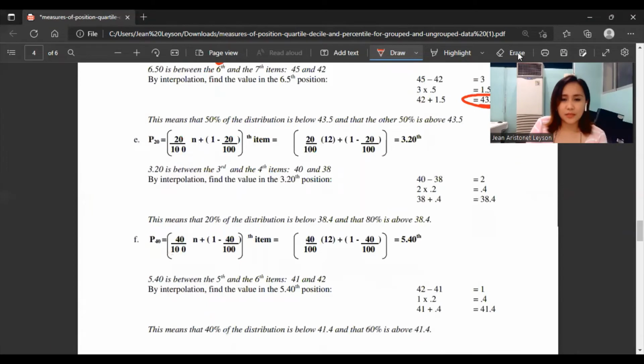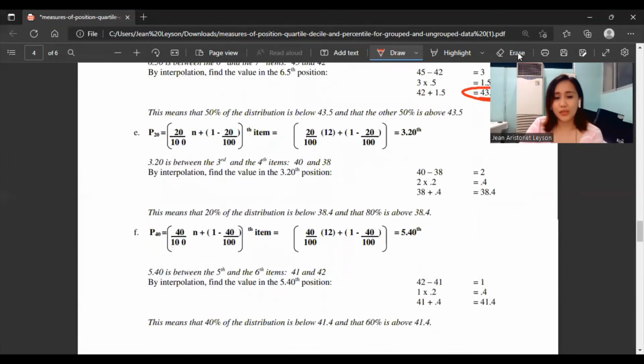Next, we have percentile, solving for the 20th percentile. So simply substitute i with 20 and the denominator by 100 because this time you're solving for the percentile. Still the same process. It's 3.2, or the 3.20th item or position.